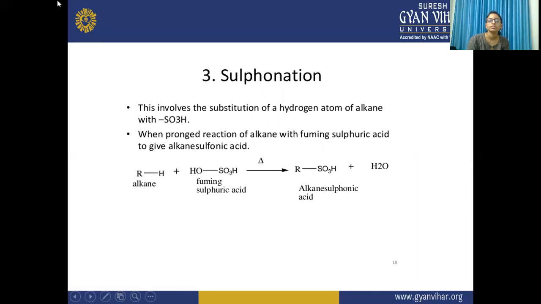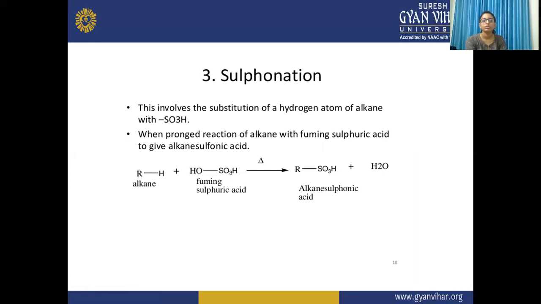So the third type of substitution reaction is the sulfonation reaction. This involves the substitution of a hydrogen atom of alkane with SO3H. So here there is a substitution of a hydrogen atom of alkane with this SO3H.